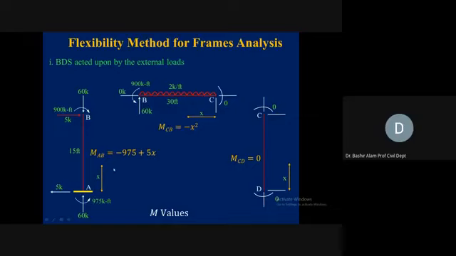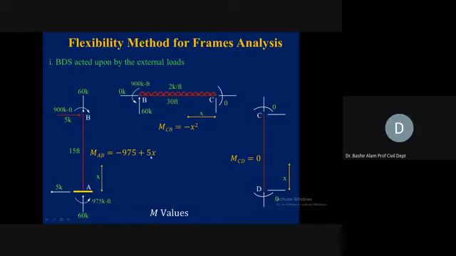Now how is this moment equation MB written? Here the origin is taken as A. So we have a moment of 975. Why is this causing negative? Our sign convention is that if we have tension on the outer fiber, it will be a negative moment. What is the outer fiber now?